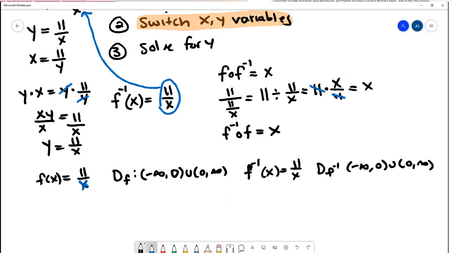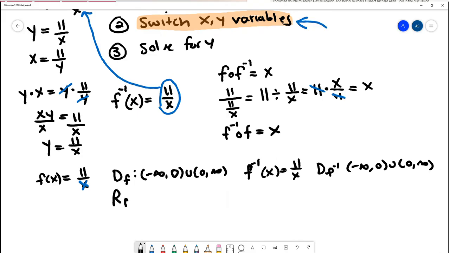And something I talked about earlier is that inverse functions switch the x and the y variables. Domain is the set of x values, range is the set of y values. So if we switch the x and y variables, we're also switching the domain and range.